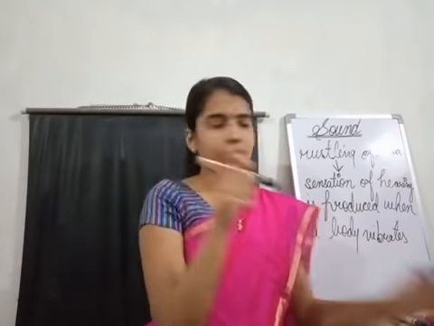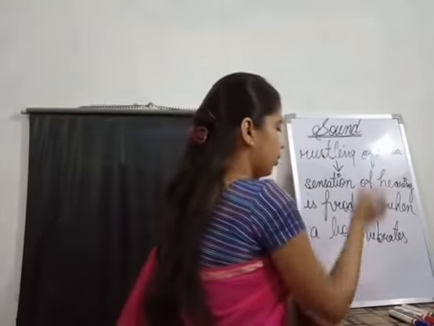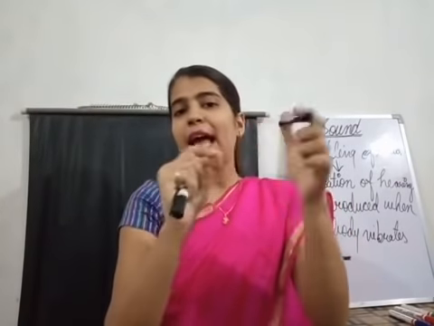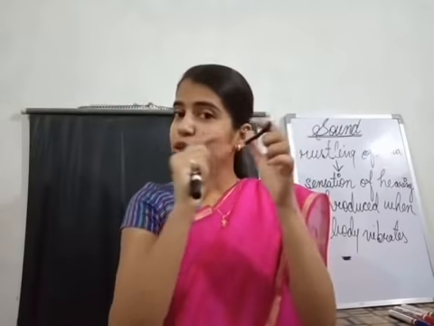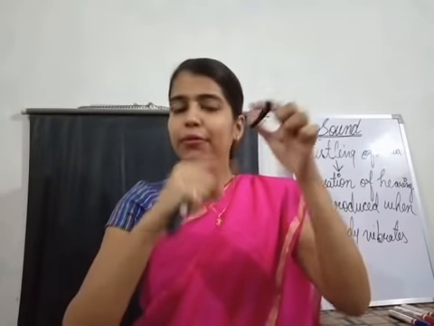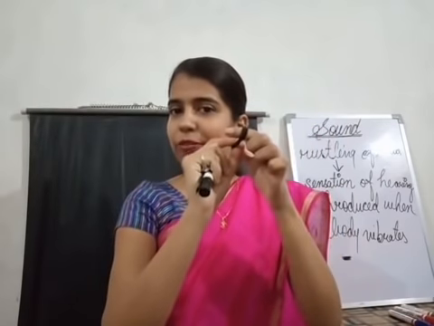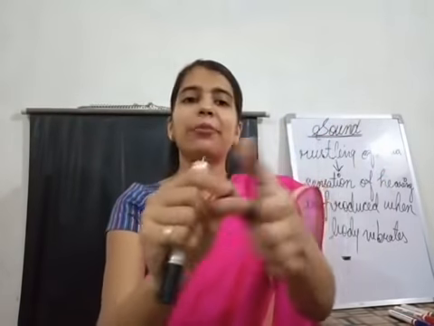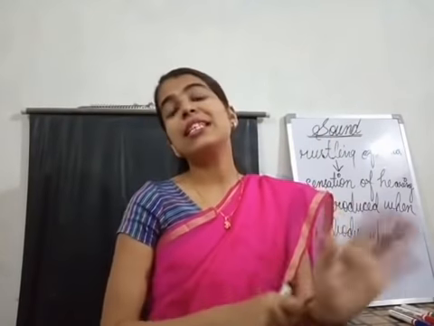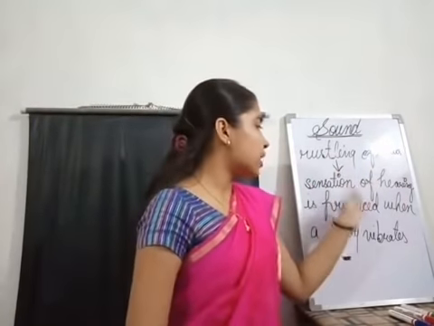To and fro motion. So when you pluck the string of the rubber band, it vibrates, and when it vibrates, you get to hear a sound. Clear? This is the basic of how sound is produced.